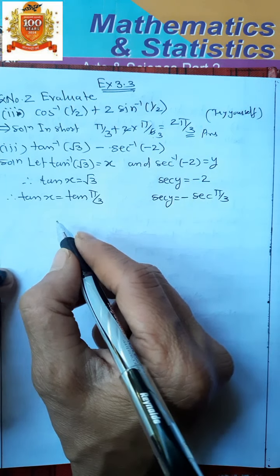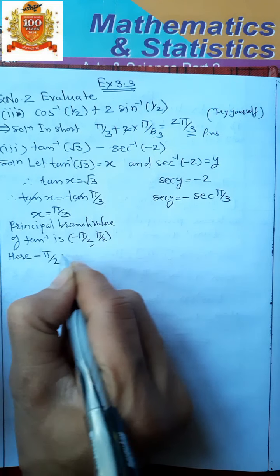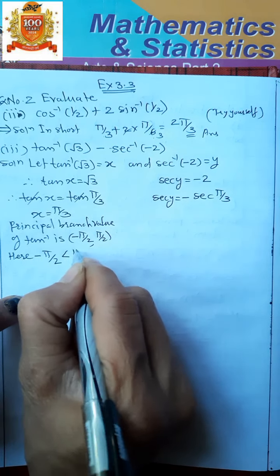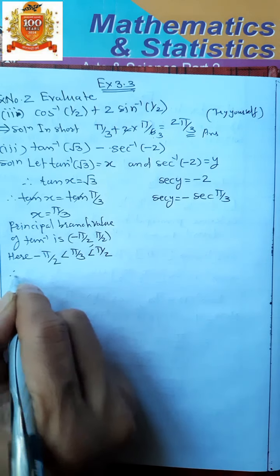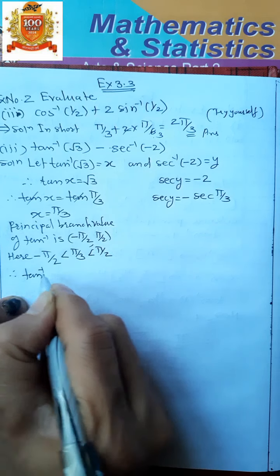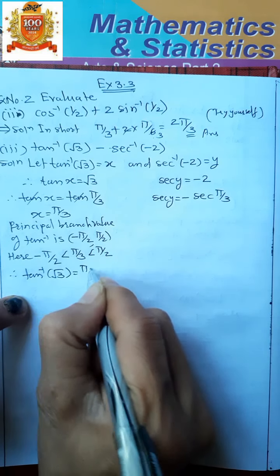The principal branch value of tan inverse is minus pi by 2 to pi by 2. Here, minus pi by 2 is less than pi by 3 is less than pi by 2. Therefore, tan inverse of root 3 is equal to pi by 3.